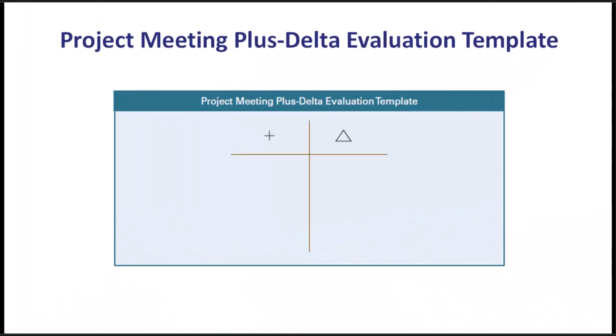Project Meeting Plus Delta Evaluation Template. Use the Plus Delta template to close every meeting with a fast improvement loop. In the Plus column, capture what worked, practices to repeat. In the Delta column, note specific changes to try next time. Record action items for each agreed change, with a named owner and due date.